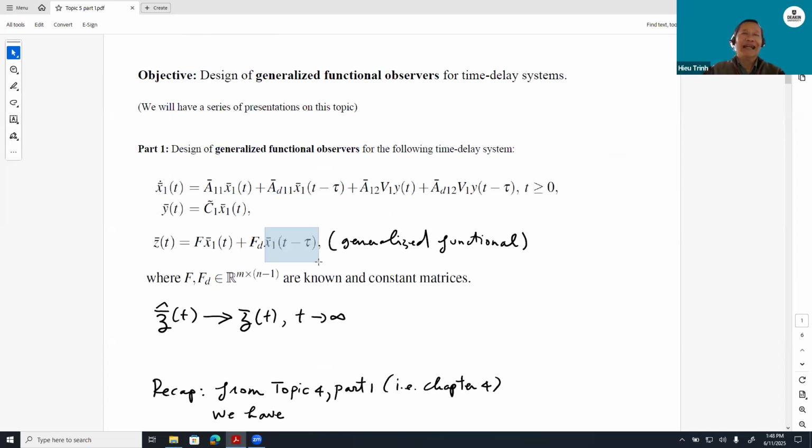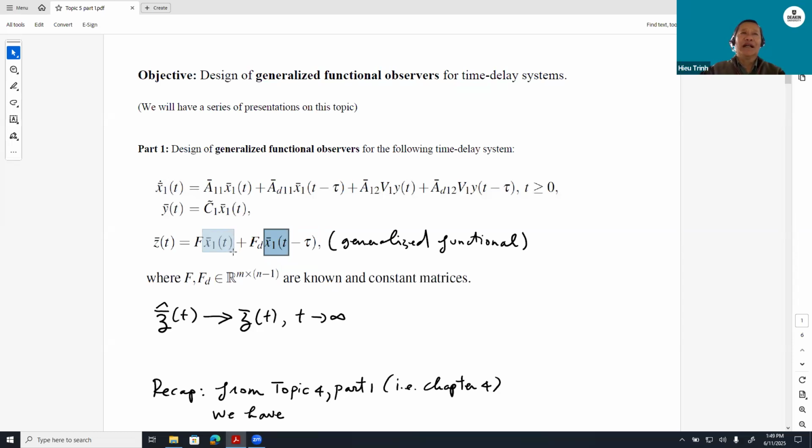Remember that example? We had an unstable fixed pole in there. So if we use the idea of estimating x1 of t first and then delaying it by tau, it didn't work, because there was no way we could get a stable observer to estimate x bar 1 of t.